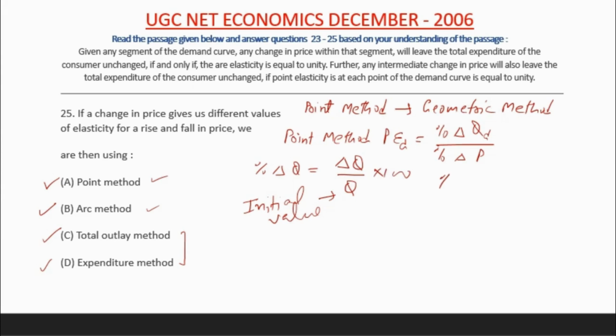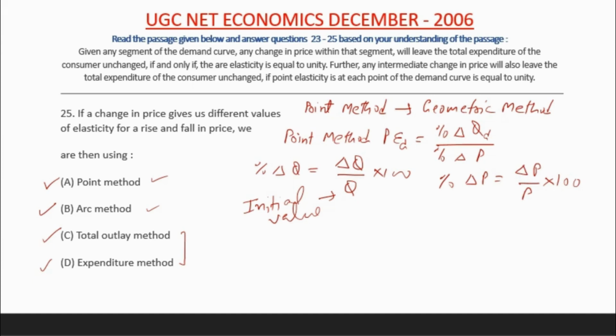Similarly, percentage change in price is equal to the absolute change in price upon the initial price, multiplied by 100.